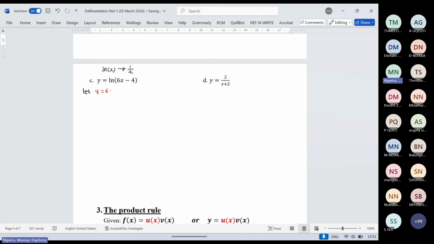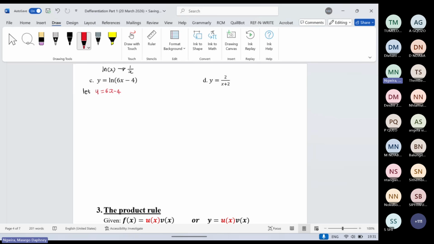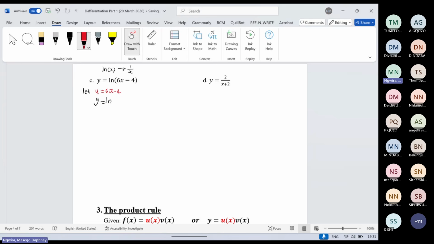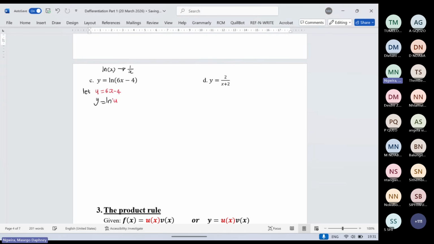So my u is 6x minus 4, and it means this function is going to change. It's going to be y equals ln, and then this is u, because we said u is 6x minus 4.